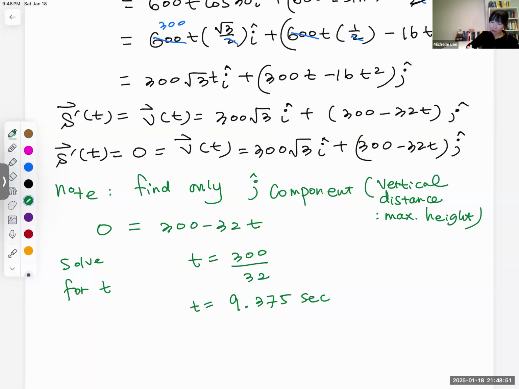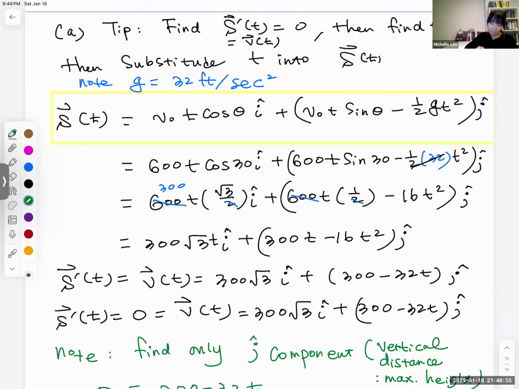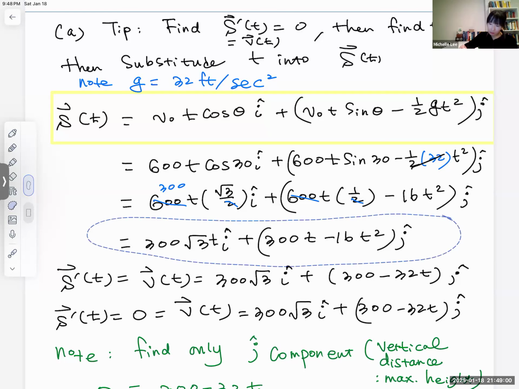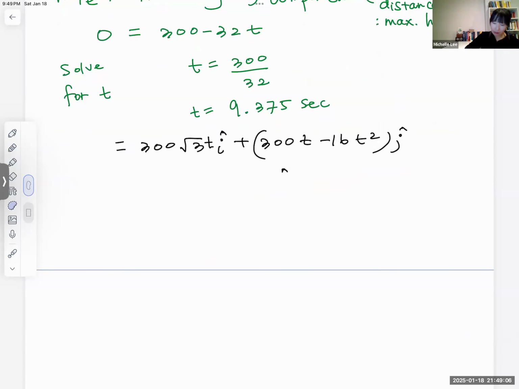Then we substitute into the position vector to solve for the maximum height, right? So S of t, the position.